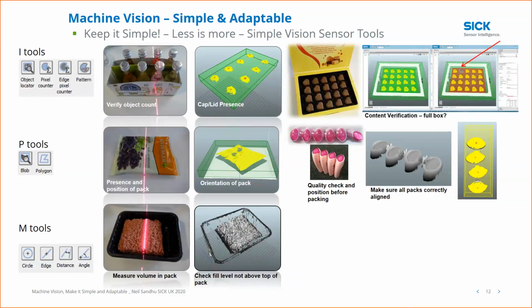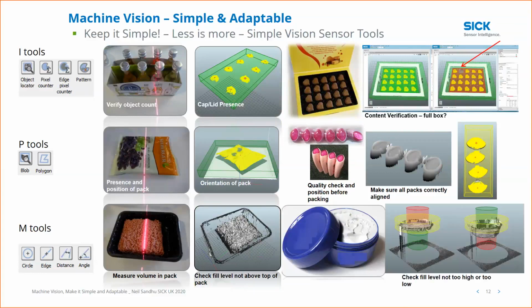So by measuring the height and measuring the volume, we can make sure the right amount and the right level is catered for. That also transforms to another consumer style product here, this cream, where by placing regions above and below where the level is supposed to be and measuring that level, we can make sure that the fill levels are all correct.